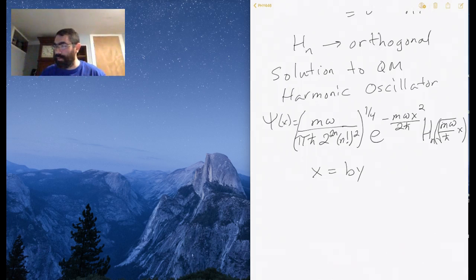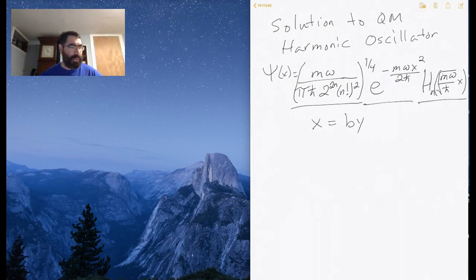And so now we have the portions of it are the Hermite polynomials, this exponential decay term, which is proportional to, basically e to the minus x squared, and then we have the normalization factor in front.